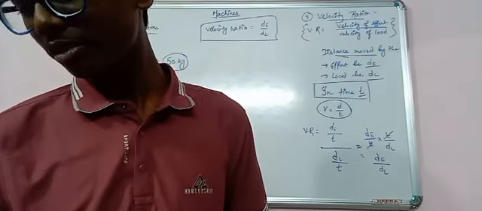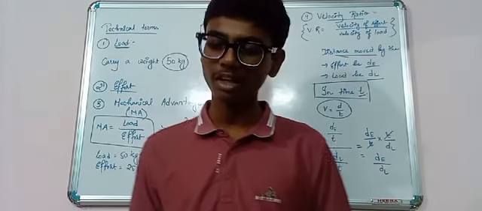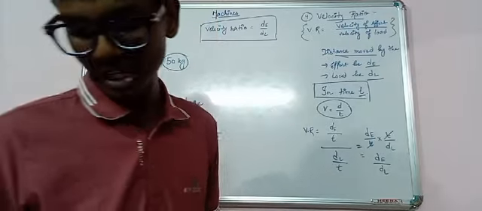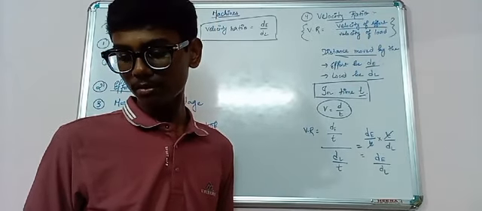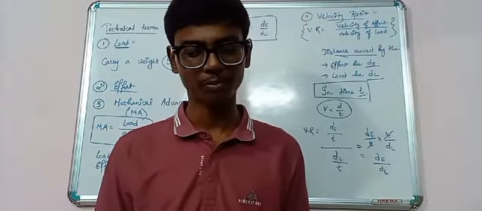Thus, the velocity ratio is also defined as the ratio of displacement of effort to the displacement of load. Next, we have the unit for this. Again, it has no unit. Why? Because it is a ratio.